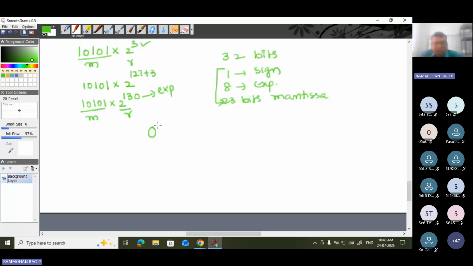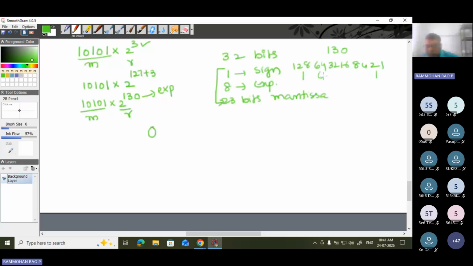After the sign bit, I should use 8 bits to write the exponent. What is the exponent? 130. So what is the binary code for 130? Apply the 8421 code: 8, 4, 2, 1, 16, 32, 64, 128. So it is 128 plus 2, right?